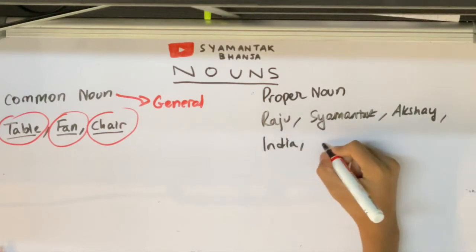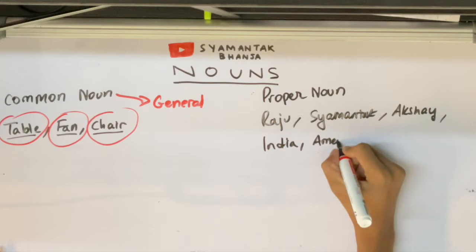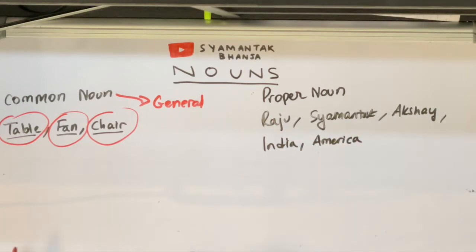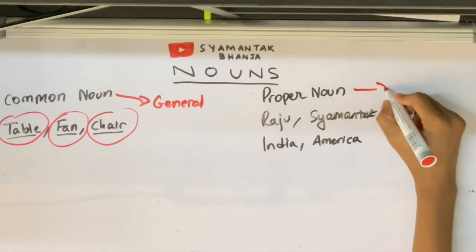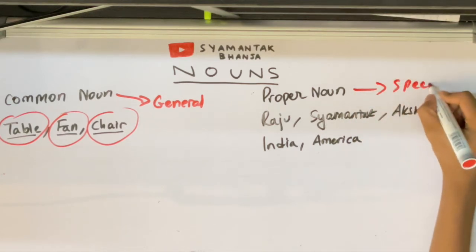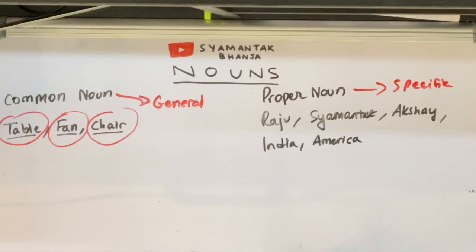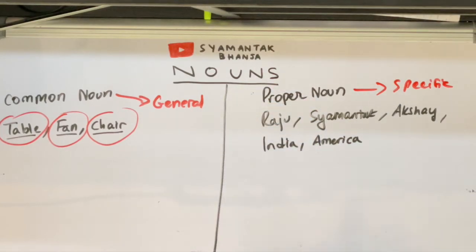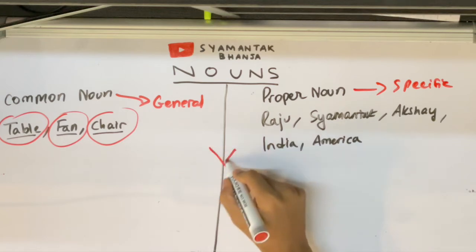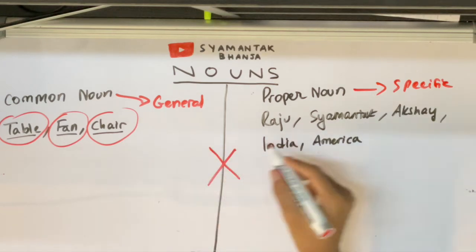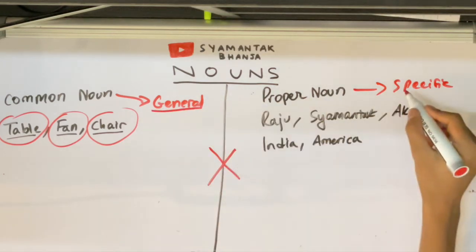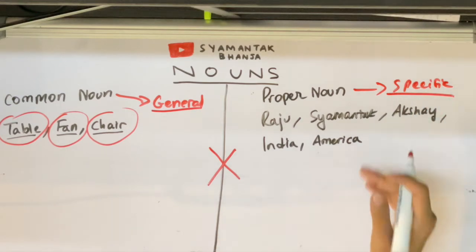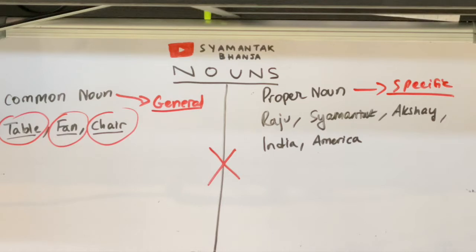India, America. So these are specific. So here the keyword is specific. And if you see properly, these are opposites of each other. General and specific. So that is common noun for you, and this is proper noun for you. Moving on to the next one.